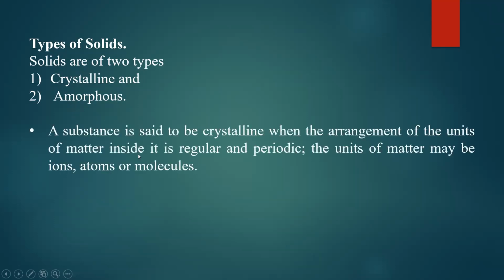So what do we mean by crystalline solids? A substance is said to be a crystalline solid when the arrangement of the units of matter inside it is regular and periodic. The units of matter may be ions, atoms, or molecules. These units are the building blocks of the crystals.